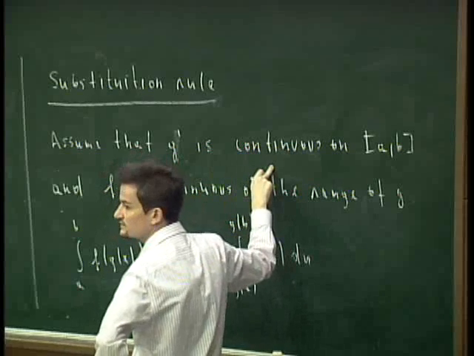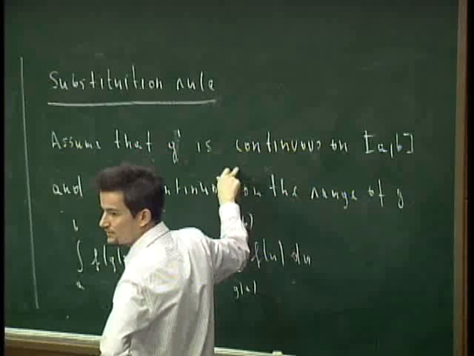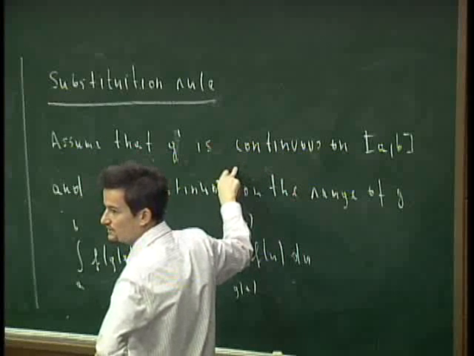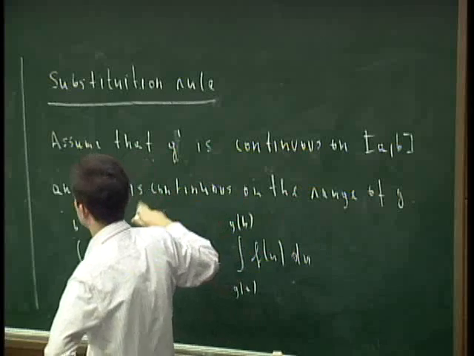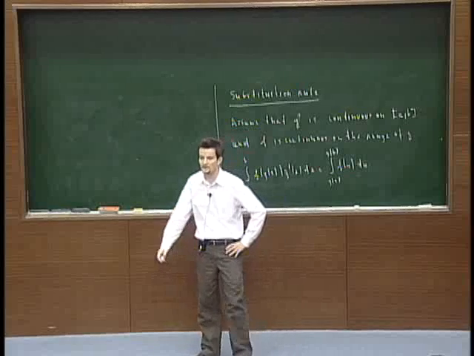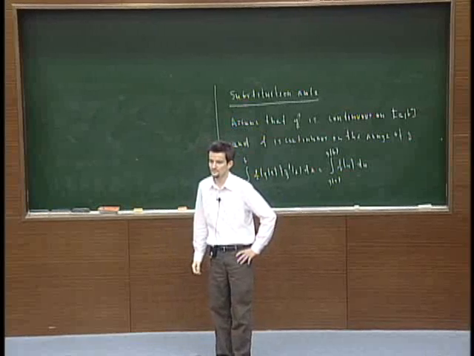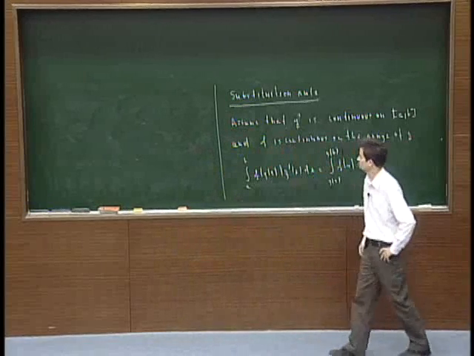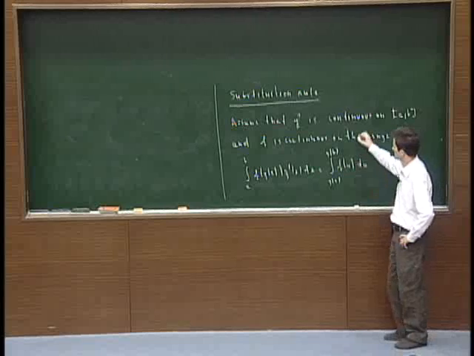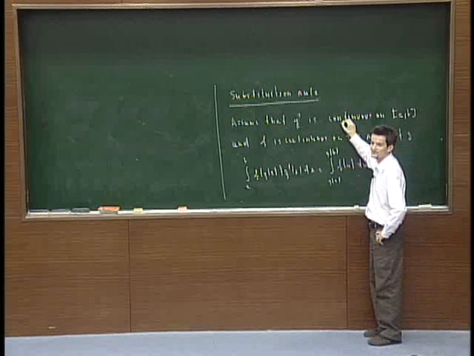Why do I need that? If you look at the first version, I just assumed that the derivative of g exists, but now I assume that the derivative must be continuous. Why do I need this assumption here?